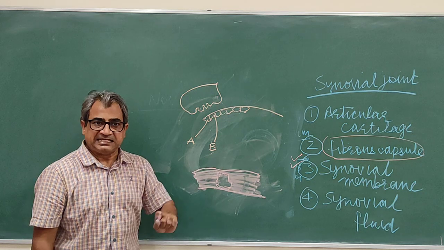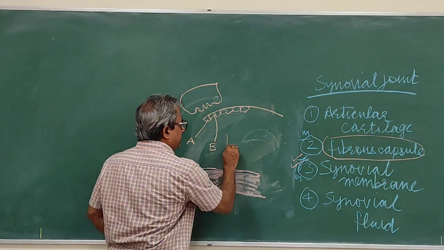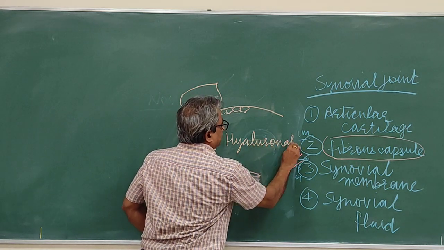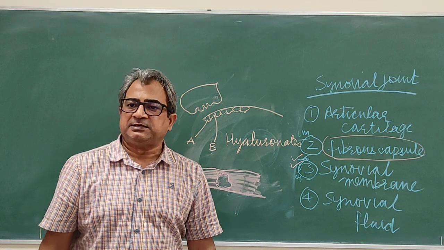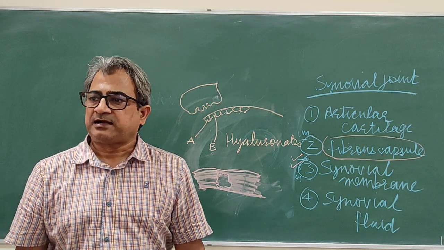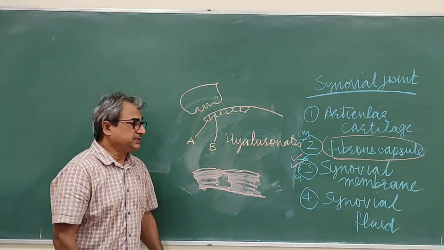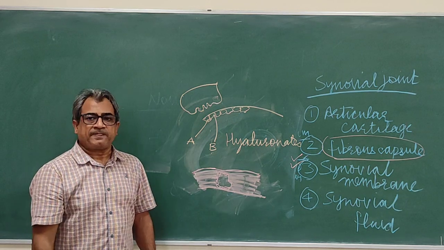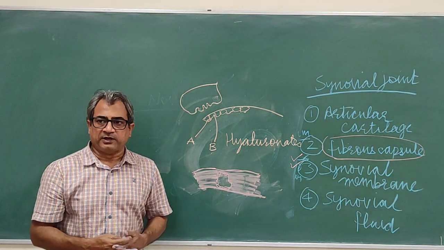These type A cells secrete a fluid, hyaluronates. Remember, this is the same hyaluronic acid, the GAG, which is seen inside the cartilage, right? So it is secreted by these cells. There are a lot of vesicles inside, and they secrete it into the synovial fluid, right?